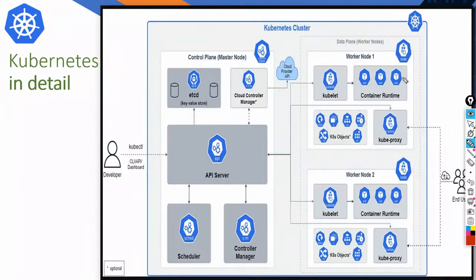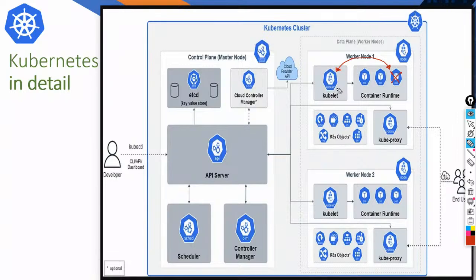So let's say this container has gone down. Who will get the information first? Kubelet will get that information that this container is down, because that is a mechanism. It knows. So what will the Kubelet do?